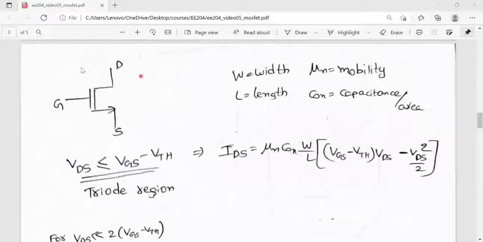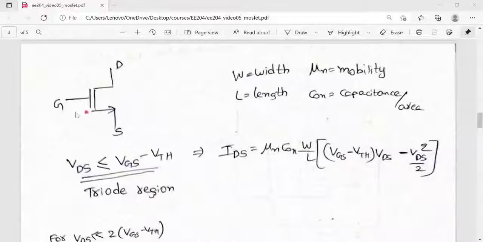This is the representation of an NMOS transistor. When VDS is less than VGS minus VTH, the IDS value is given by this formula. Here mu is known as mobility, Cox is capacitance per area, W is known as width, and L is length.